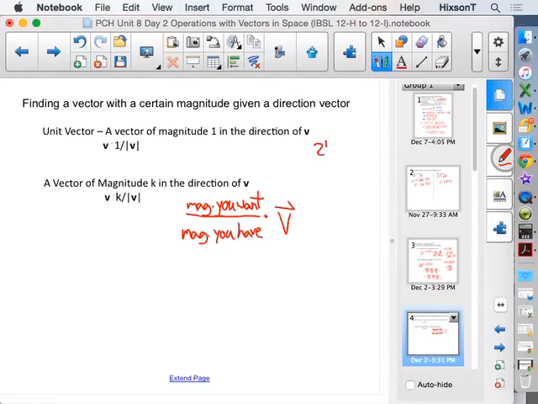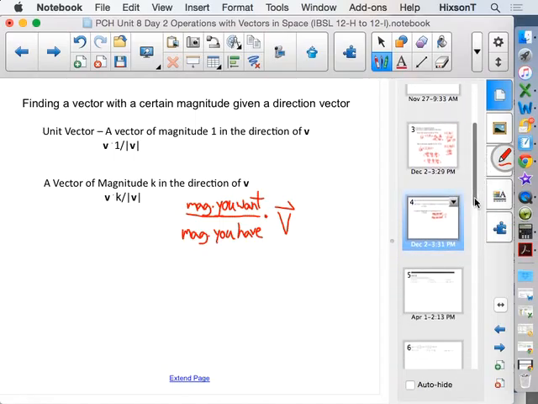Well, 24 over 8 is 3, so really you just have to multiply the vector by 3. If you triple it, it's going to go from 8 to 24. It takes one step out of the process, which eliminates one more opportunity to mess something up. So, just a connection there that we want to make.